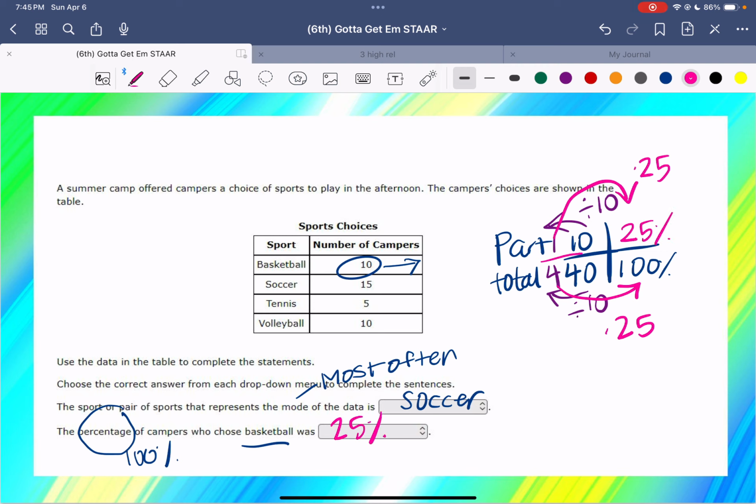Now, that's not the only way to solve a percent. So you could have gone back to the original. Now, 40 doesn't go into 100 without a remainder or easily. It's not a direct proportion, or a direct relationship. However, 40 can become 10.